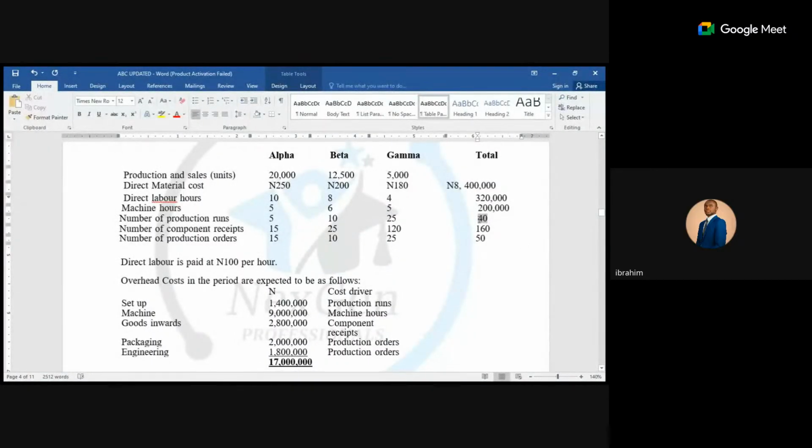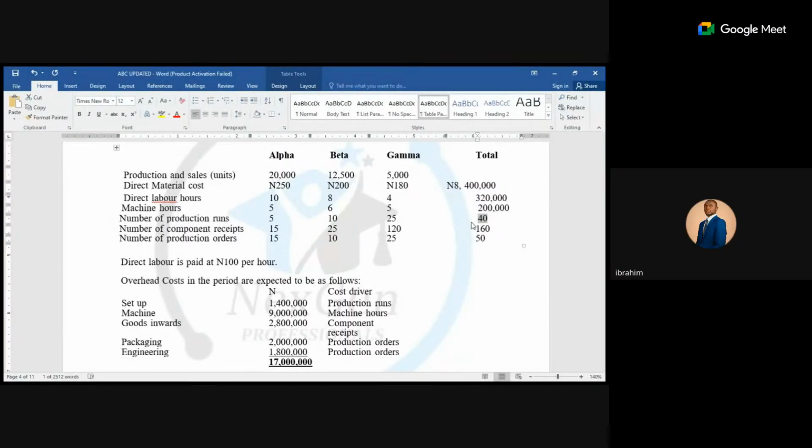But sometimes, class, please pay attention to this part. Very, very important. Sometimes when you add all these things together, you may not have this 40. If the total number of production runs is given to you, just pick the total, which is 40, and use it as your total number of production runs for the 3 products.